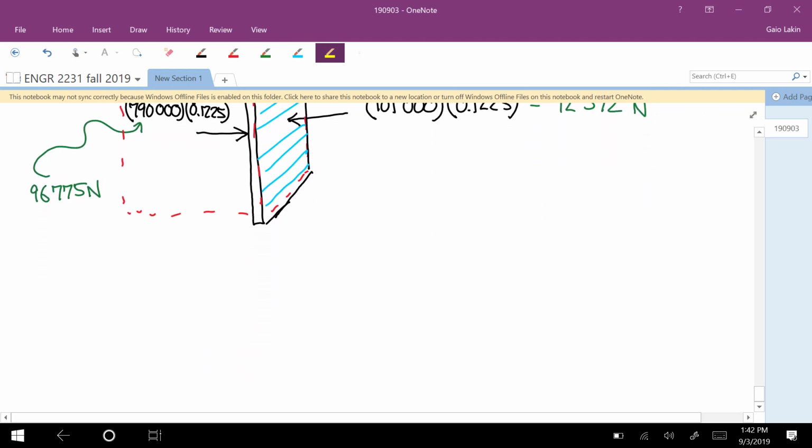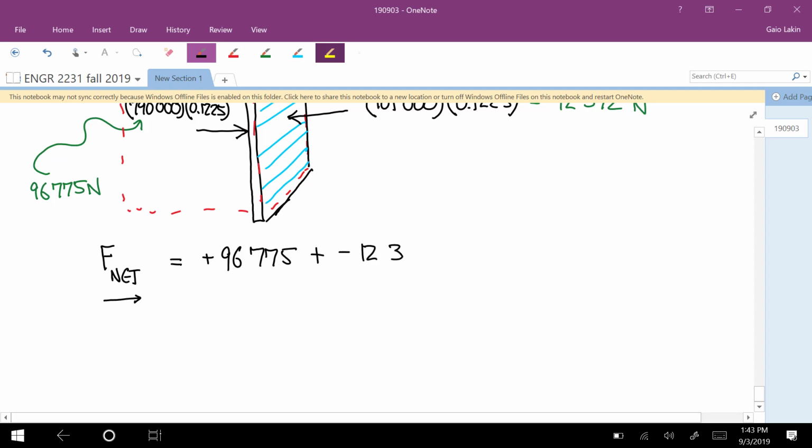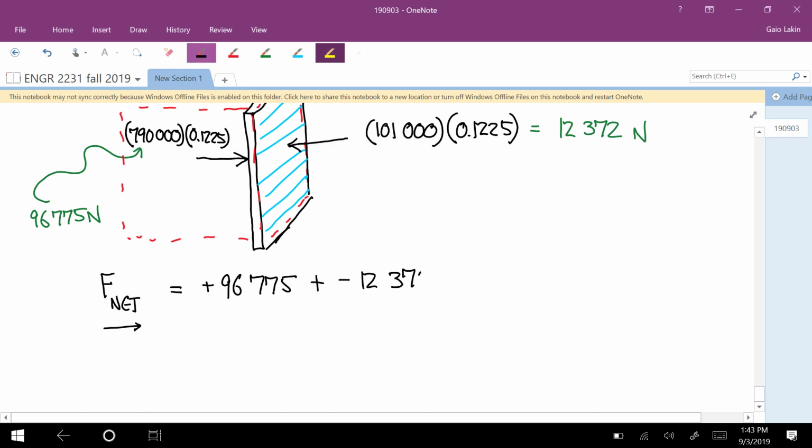And so the net force, if we think of positive going this way, okay? Now we have to think of this in terms of directions because forces are vector properties. So we have positive 96,775 plus a force going the other way of 12,372.